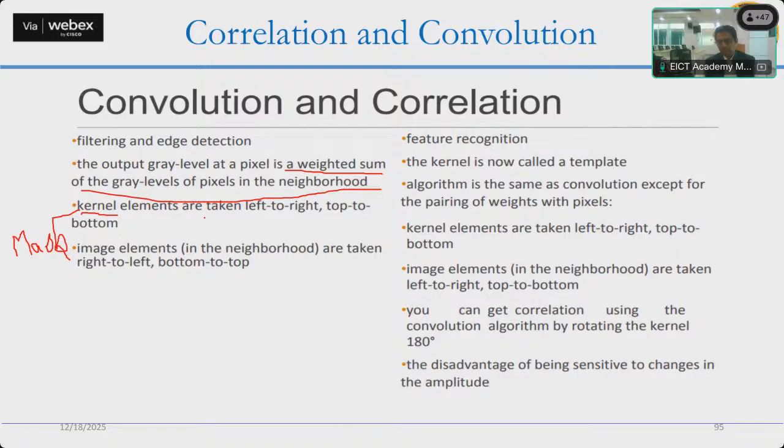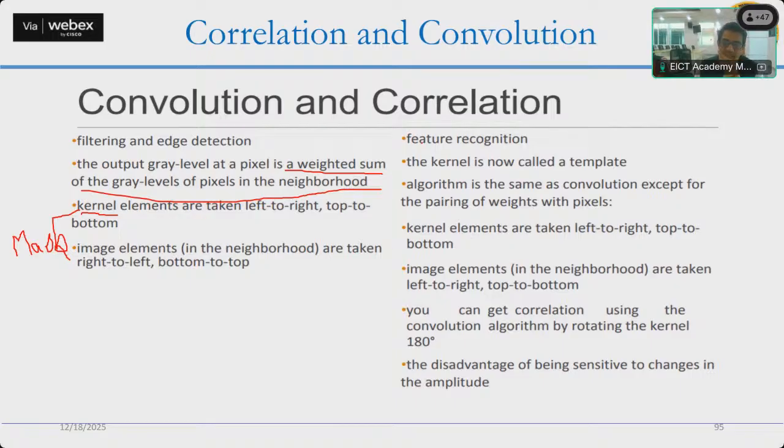Now coming to correlation. In correlation, you basically do feature recognition. The kernel is now called a template. A template is like a pattern. You find out whether this template is present in that particular signal, whether it is similar or not, and so on. The algorithm is the same as convolution, except for the pairing of weights with pixels.